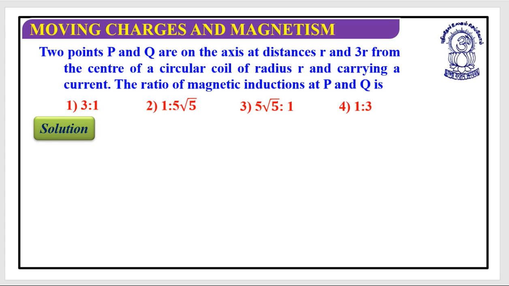It says that two points P and Q are on the axis at a distance of r and 3r from the center of a circular coil of radius r, carrying a current. The ratio of the magnetic inductions at point P and at point Q is required.